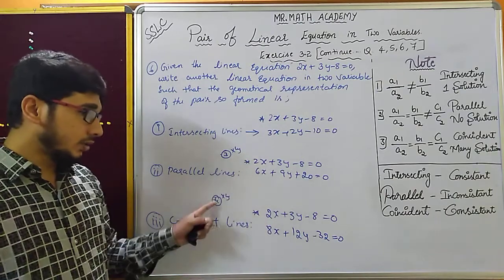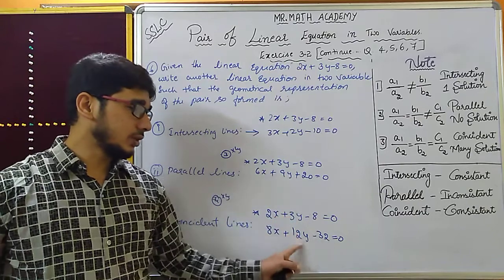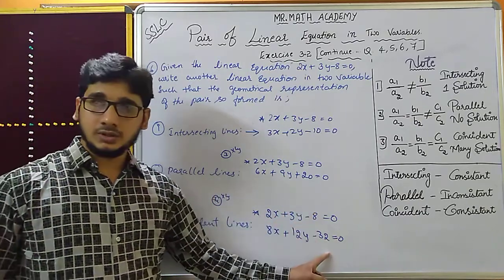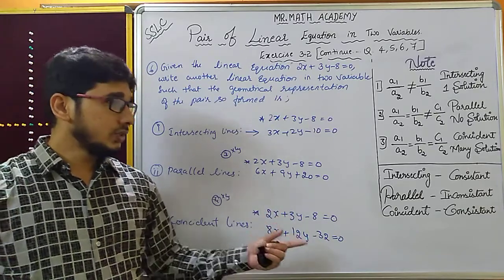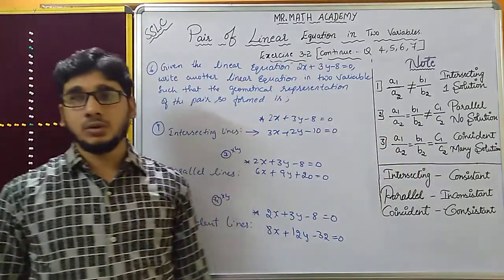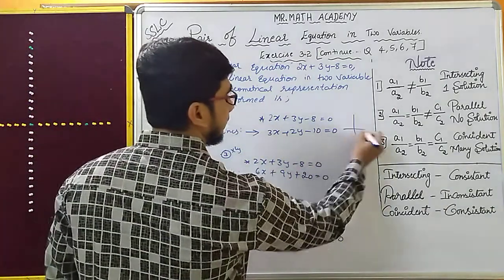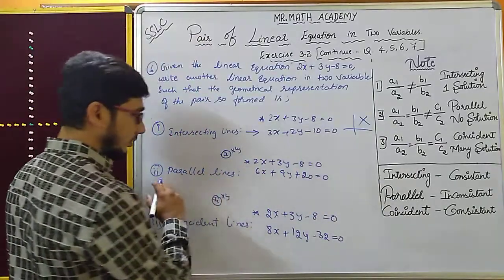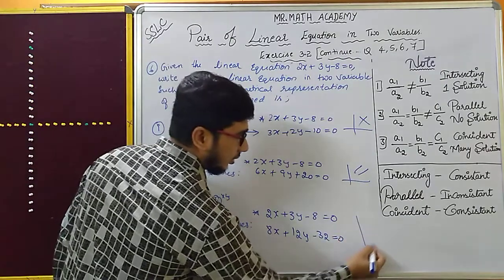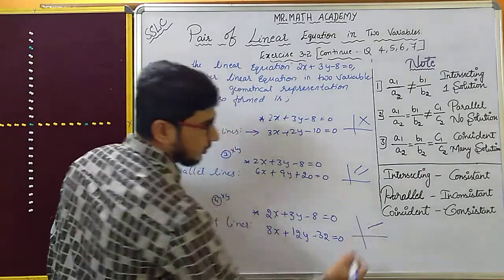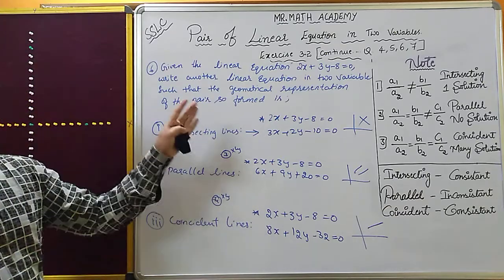Or else, if you take 2, 2 2s are 4, 2 3s are 6, 2 8s are 16. If you write all this, everything will become equal, so obviously it will become coincident lines. Okay, so this is an intersecting line, this is a parallel line, and this is a coincident line, one lying on another. This is how we are able to write them.